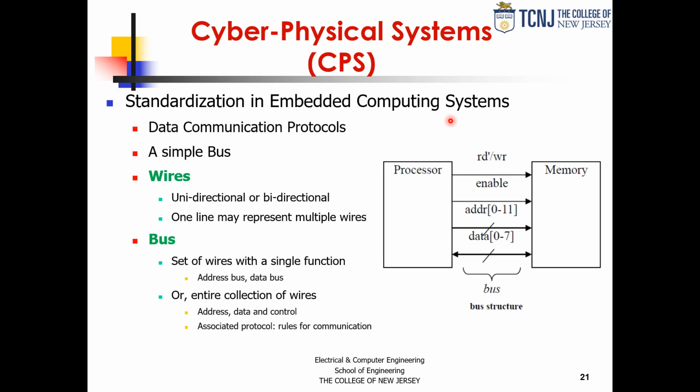So if this is a 1-wire, a read would be a 0 and a write would be a 1. So with the single line, we can specify the 2 transactions. And then we may have an enable line, an additional control signal. So this is the simplest protocol that you can think of.